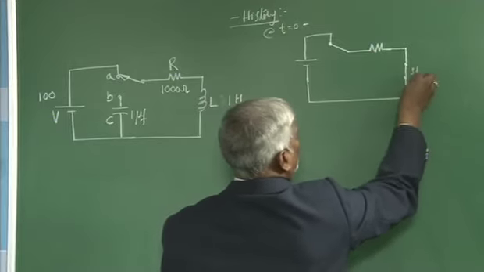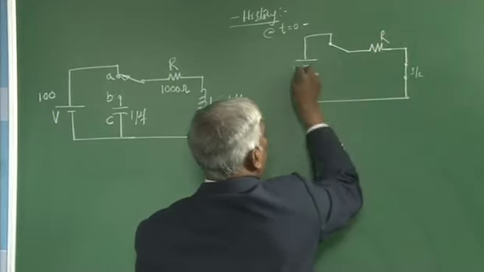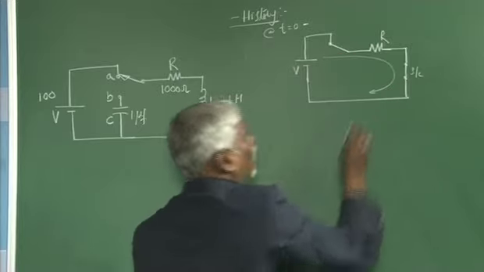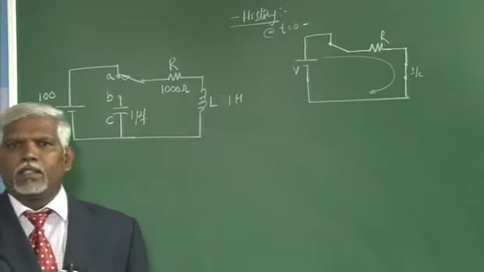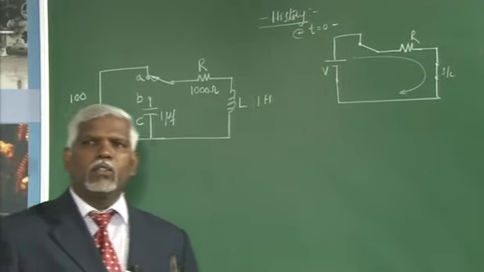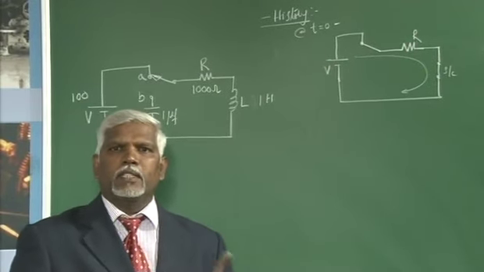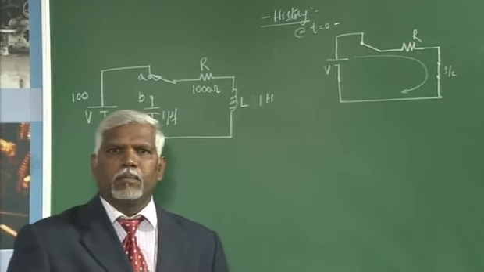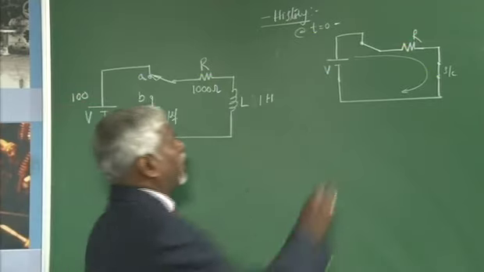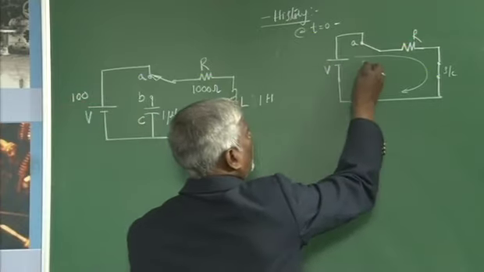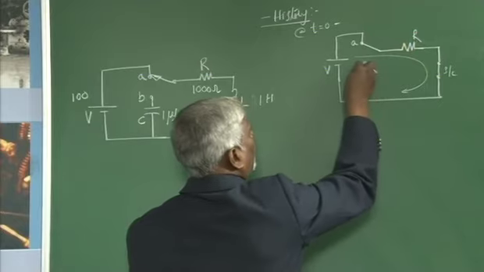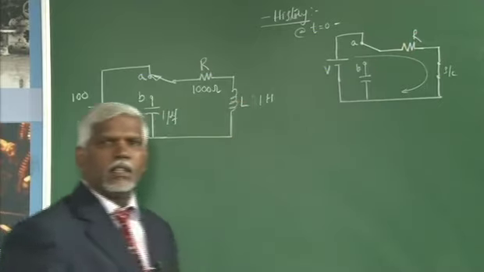Inductor acts as a short circuit, there is the value of resistance and V, and there will be a current flow at t equal to 0 minus. This is a typical case of a current through an inductor before the switching action takes place. When it is at position A, it does not matter whether I connect a capacitor here or not, because at B there is no connection to this.